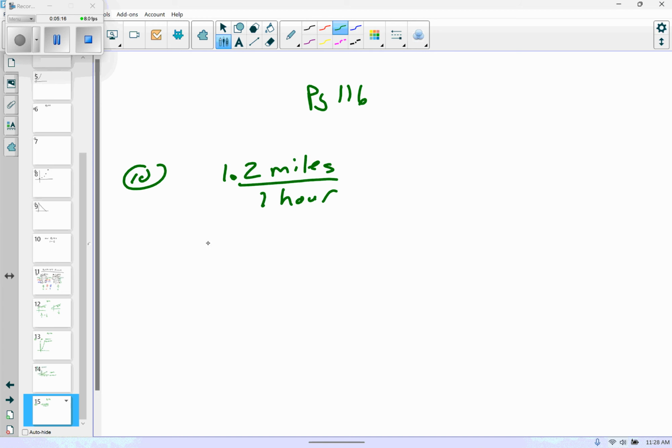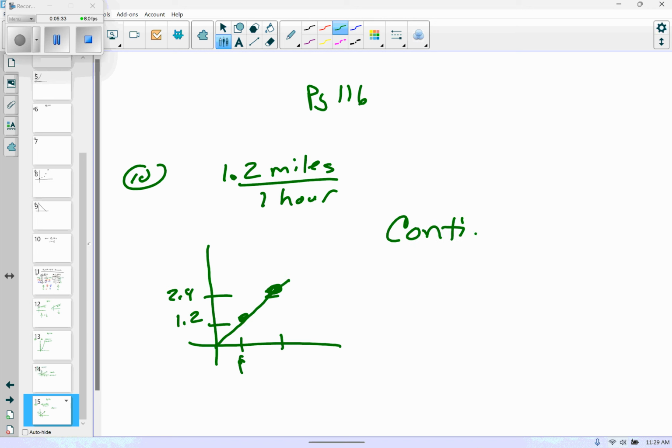Okay, so if we graph this, in 1 hour, this would be at 1.2. At 2 hours, this is at 2.4, and so on and so forth. So that river keeps flowing. This has to be continuous because water keeps flowing. It's linear because it's not increasing, it's just flowing.